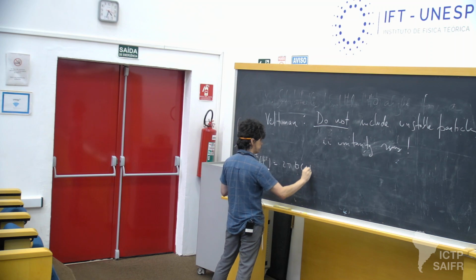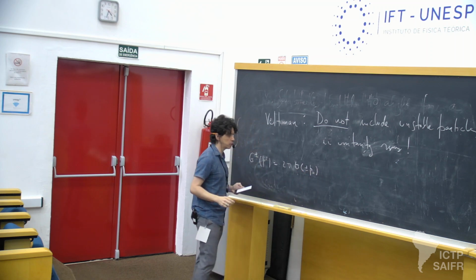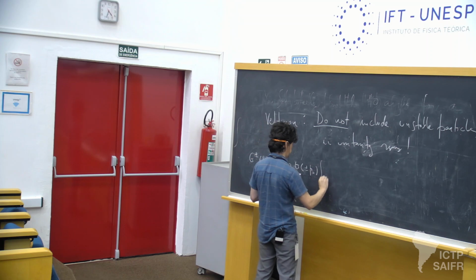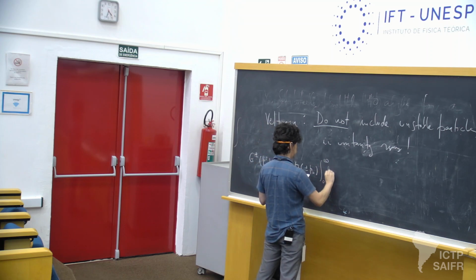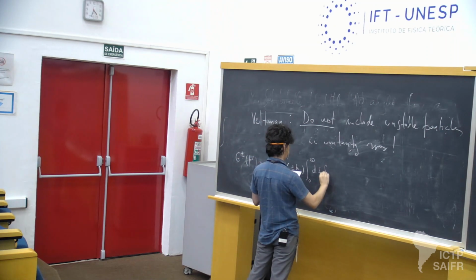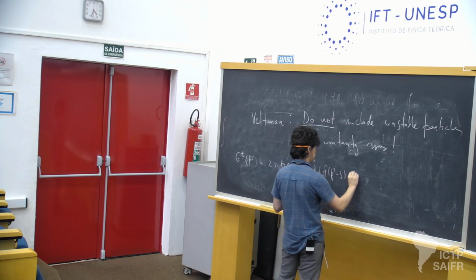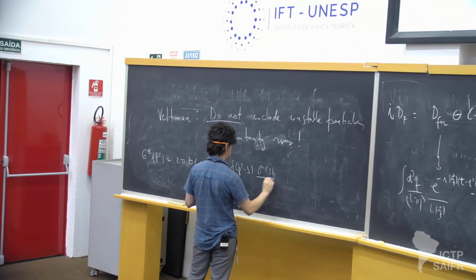The only difference for the ghost particle is a bunch of minus signs that appear differently, but it has the same form. So you have a delta function here, p squared minus s, and you have the spectral representation, right?